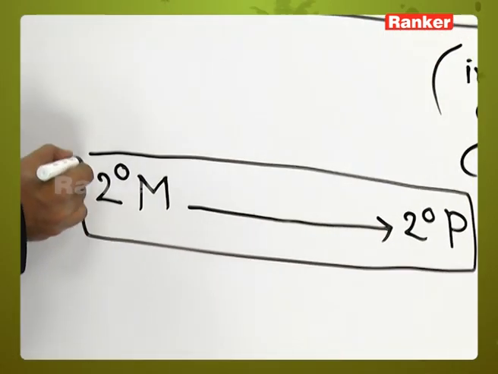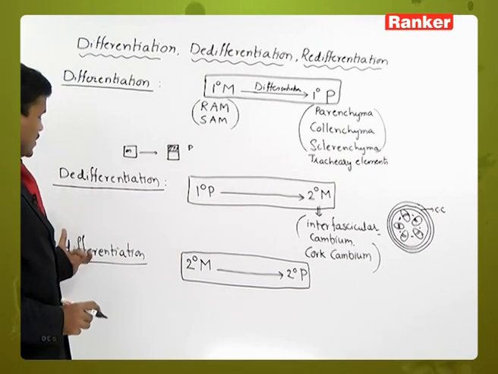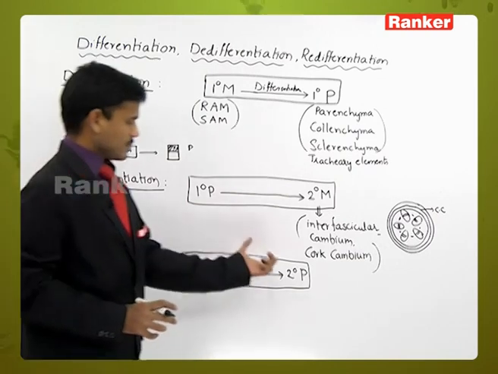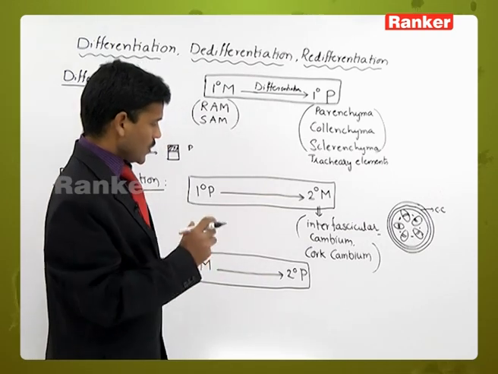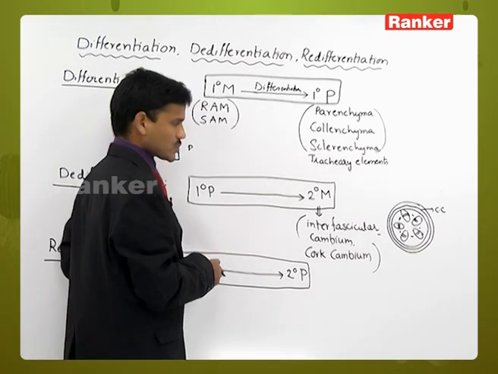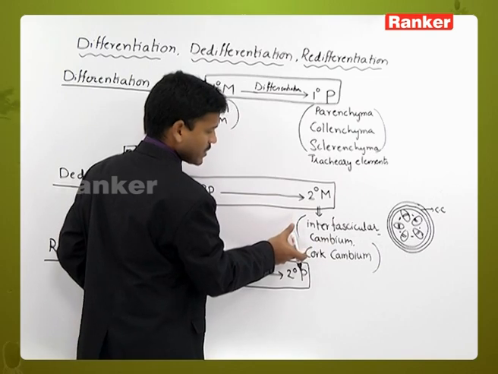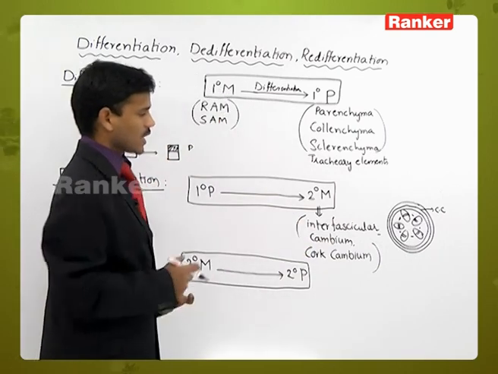Some examples for de-differentiation: some secondary permanent tissues. The secondary permanent tissues are produced from the secondary meristematic tissue. So what are the secondary meristematic tissues? Interfascicular cambium and cork cambium.